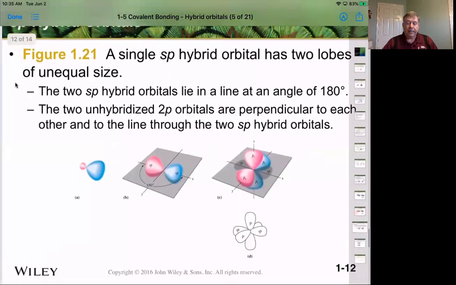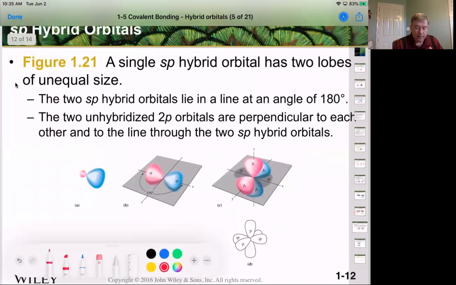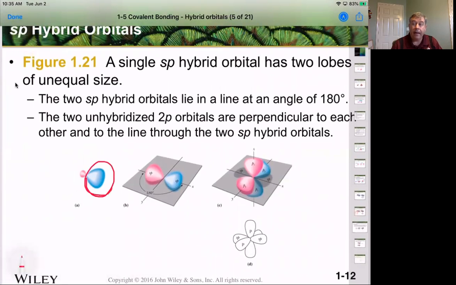So what if we only have one s and one p blending together to give us a hybrid orbital? What happens there? Okay, what we see happen here is that the lobe is very extended. This is, again, half S character, half P character, which means the lobe is even bigger than it was with an sp2 or an sp3 hybridized orbital.